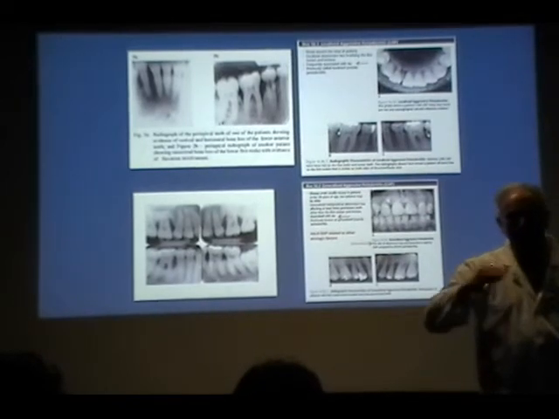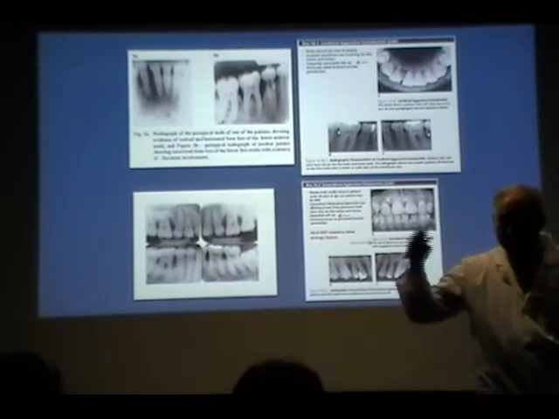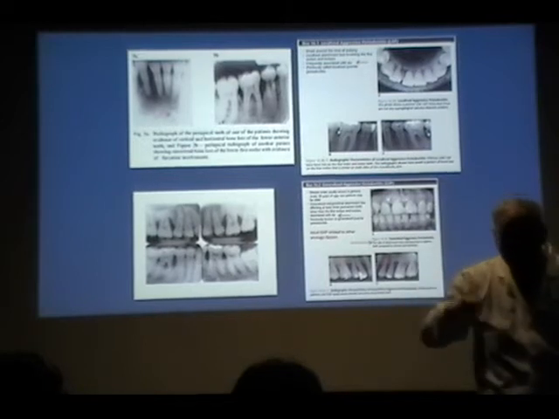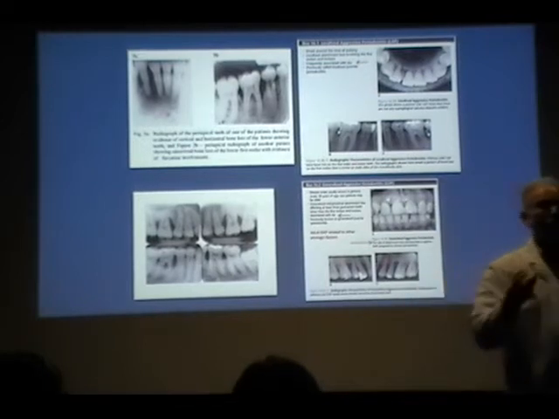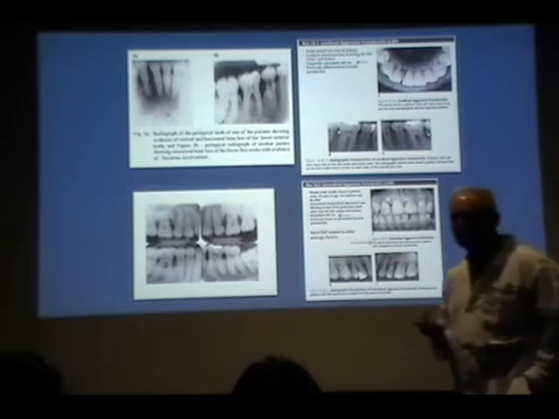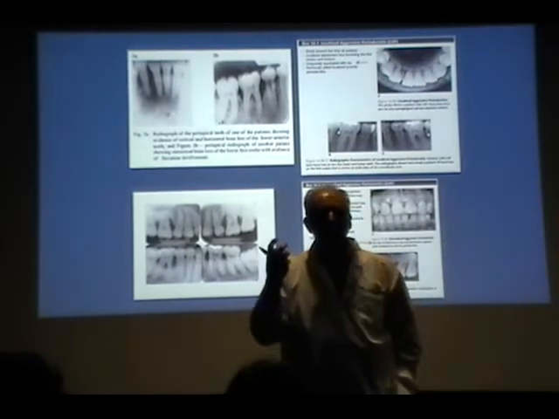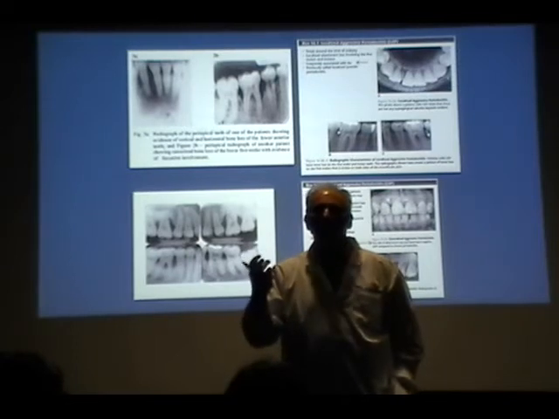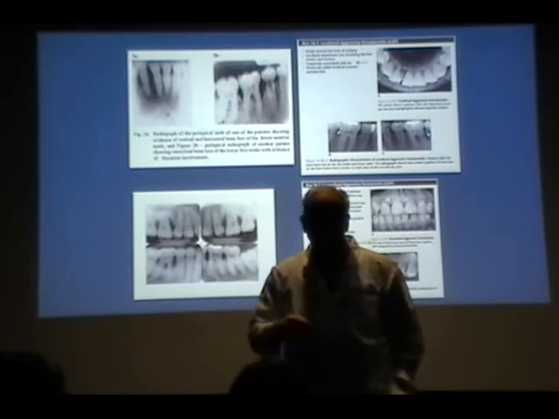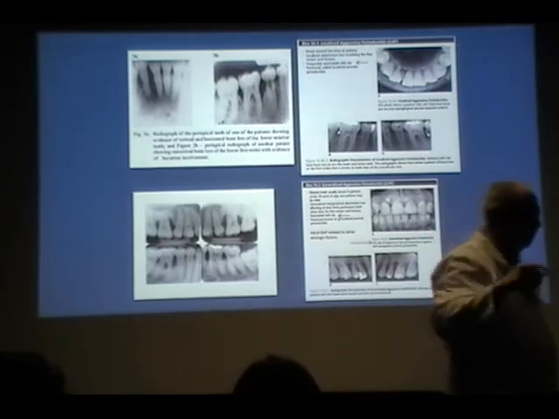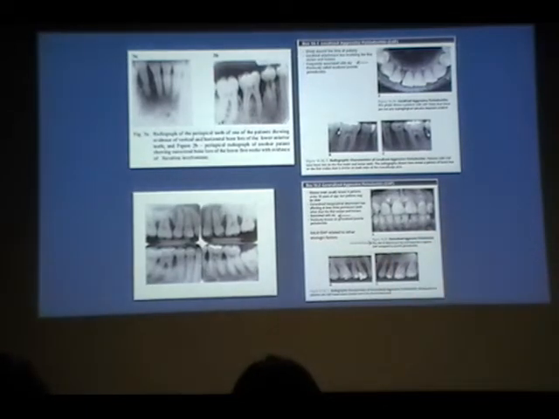The degree of destruction of the periodontium in those children goes down so that they retain their deciduous teeth long enough for the permanents to emerge, and the permanents are less likely to undergo this kind of destruction with that regimen of antibiotics.